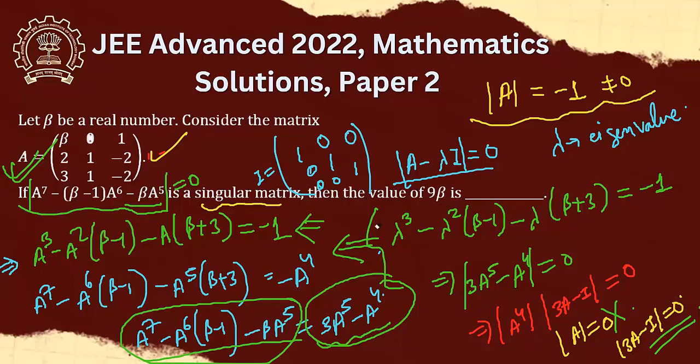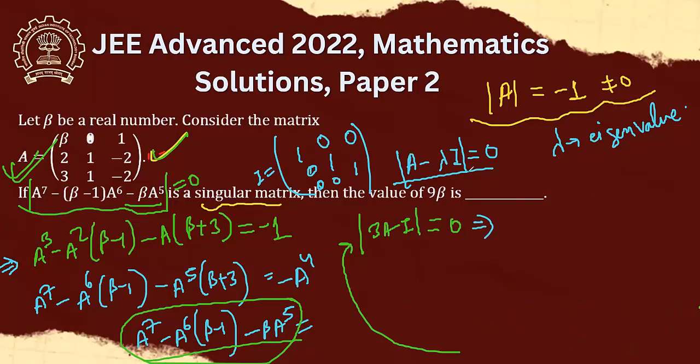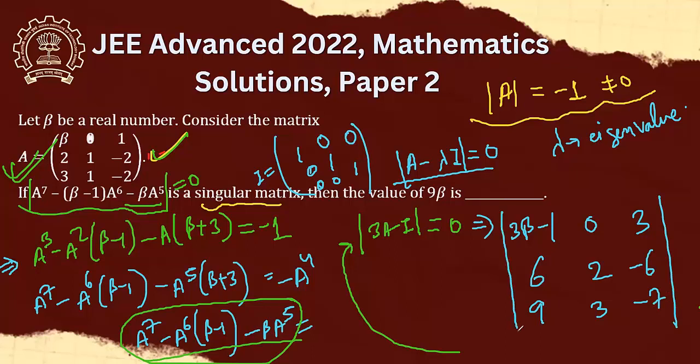So if I say the determinant of 3A minus I is equal to 0, 3A minus I is going to be simply the matrix with rows (3 beta minus 1, 0, 3), (6, 2, minus 6), (9, 3, minus 7). The determinant of this has to be equal to 0. Now just simplify this.